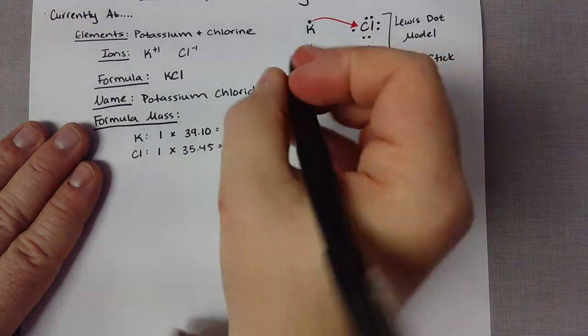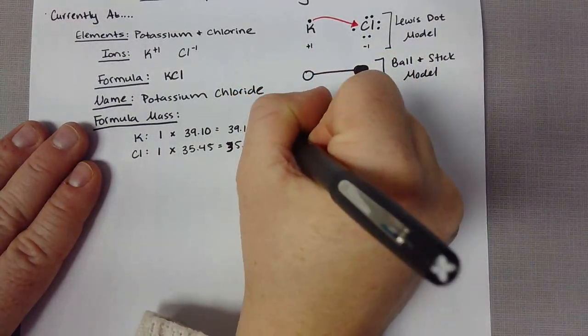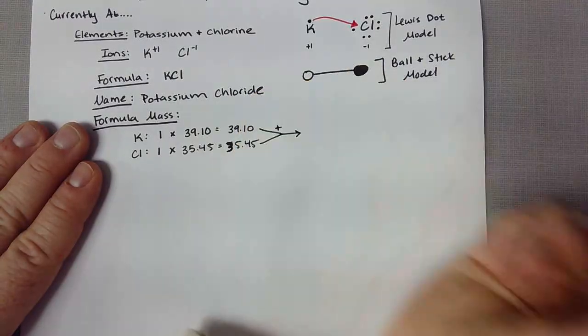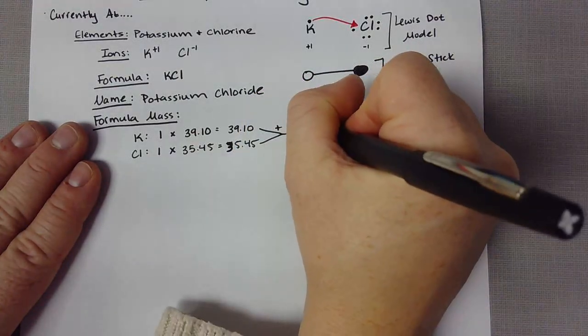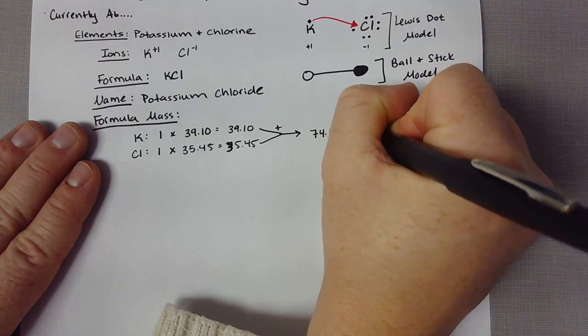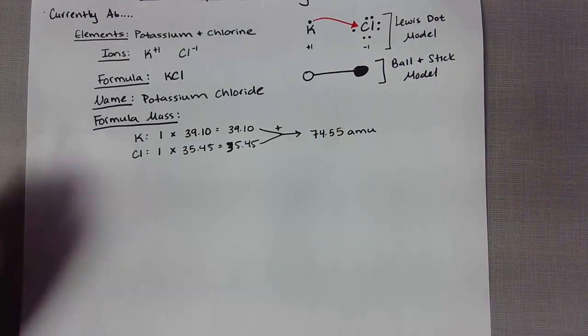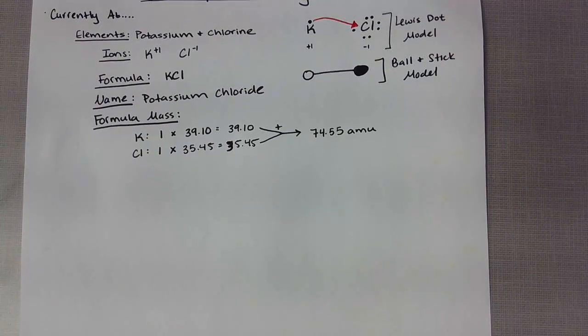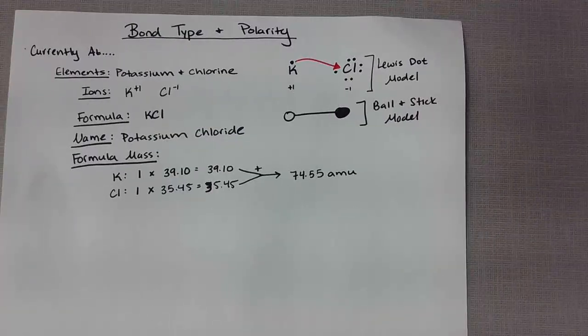Once you've got the partial masses, we add them up to get a total mass of 74.55. And our unit here would be atomic mass units or AMUs. So this is where we're at. Where we're going.